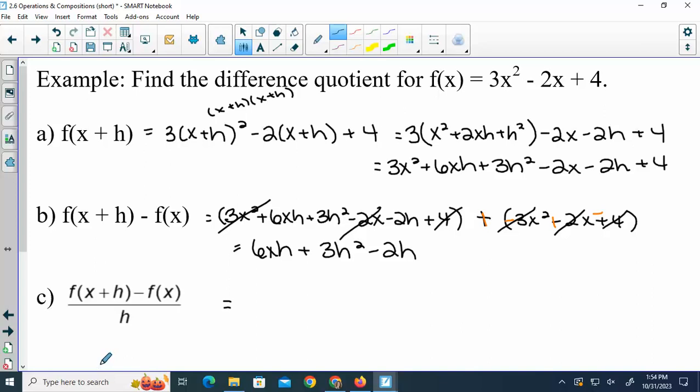Part C, f of x plus h minus f of x, that's the answer we just got, divided by h. So you could take an h out of everything on top.